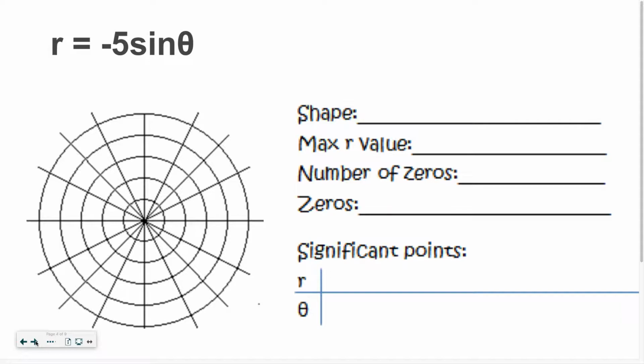And we're going to graph r equals -5 sine theta. We're going to be asked the same set characteristics for the circle and the rose curve. Tomorrow when we do the limaçon, it'll ask some different questions, maybe less questions, I think.